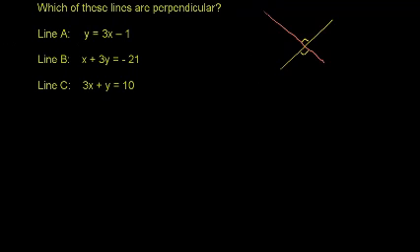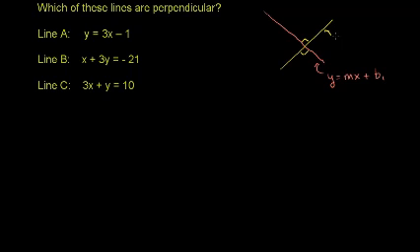Now, if two lines are perpendicular, if the slope of this orange line is m, so let's say its equation is y is equal to mx plus b1, some y-intercept, then the equation of this yellow line, its slope is going to be the negative inverse of this guy.